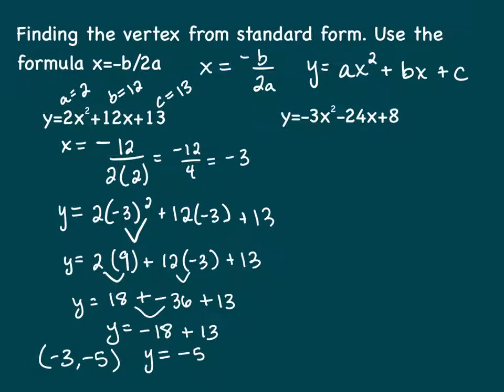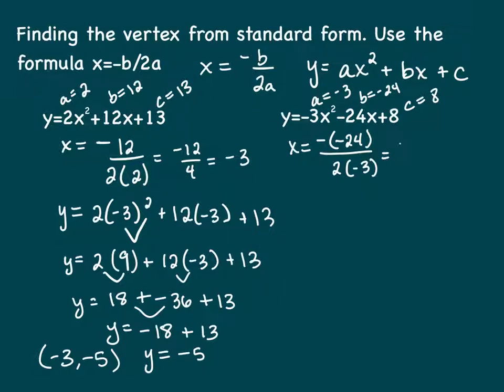So either way, a equals negative 3, b equals negative 24, and c equals 8. This is where you have to be particularly careful with the negatives. So I start with my x using the formula negative b. So if I have a negative from the formula, and then a negative b, negative 24, divided by 2a, a is negative 3, so 2 times negative 3.